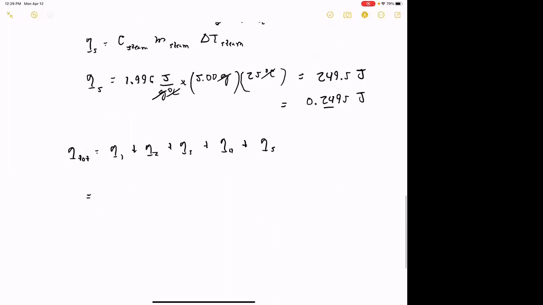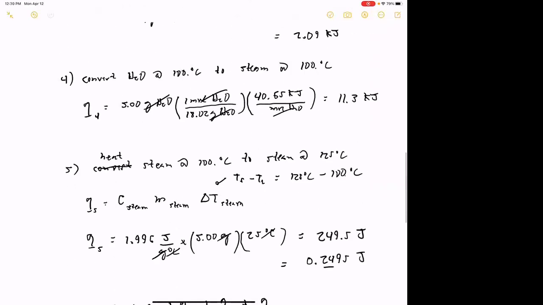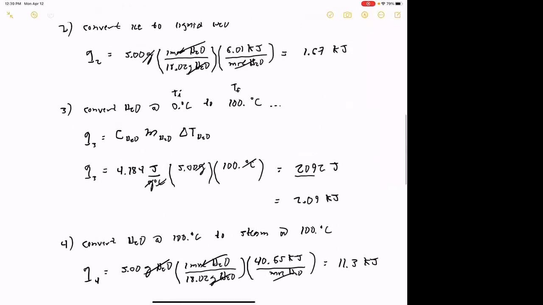That's going to equal my 0.262 kilojoules. How many sig figs did I say I had on that originally? I think it was just 2, wasn't it? So I'll add that up accordingly. All right, plus the next one, the Q2, that turned out to be, let's just double check, 1.67 kilojoules.